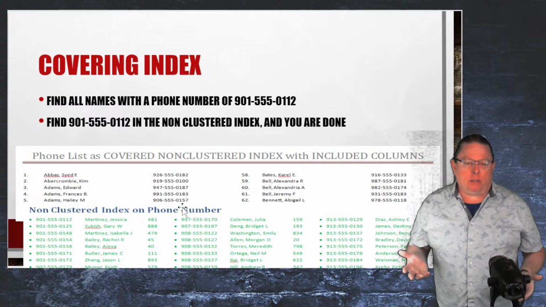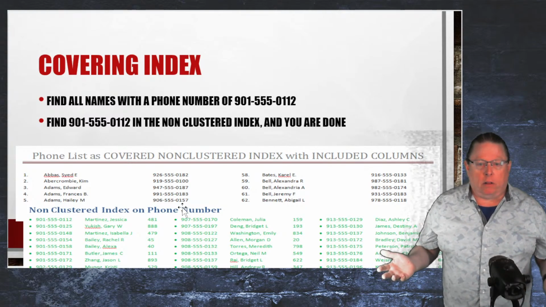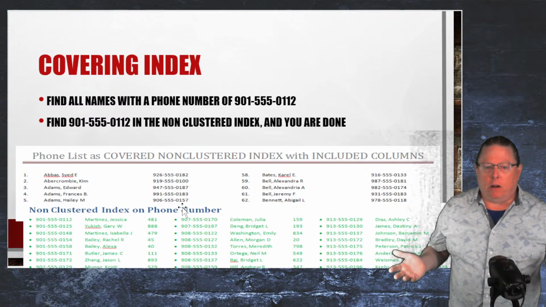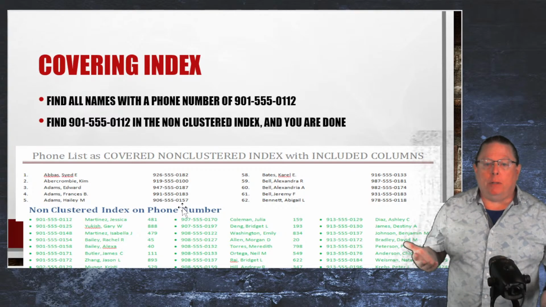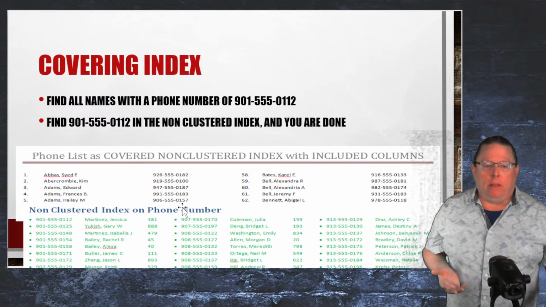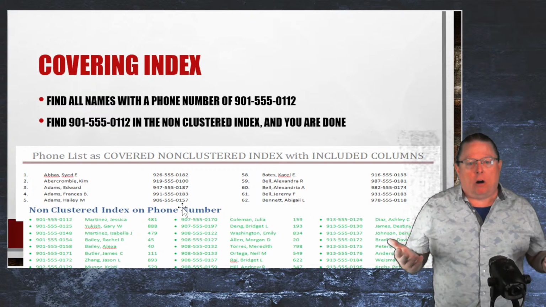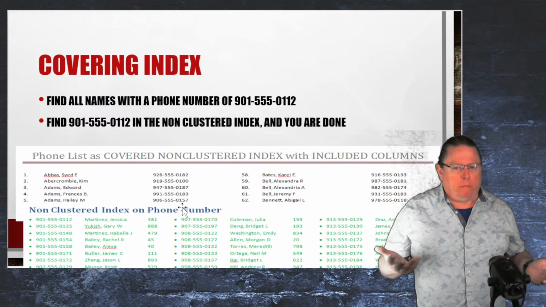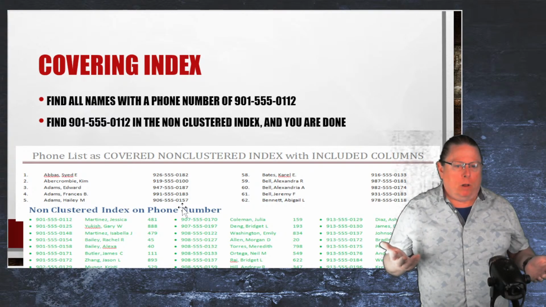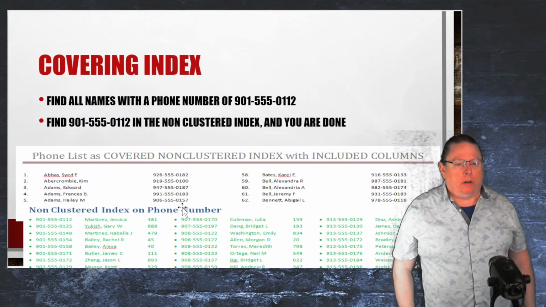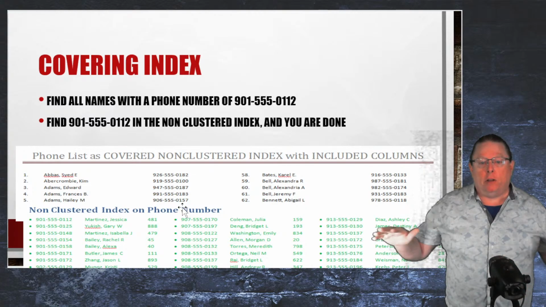With the covering index, it's still just a clustered index or a non-clustered index, but the covering index is a non-clustered index that happens to include everything that you need in order to service that query. So if you said select star from this table where the phone number equals something, well, that's probably going to have to go to the clustered index to look up the star, meaning looking up everything in the row.